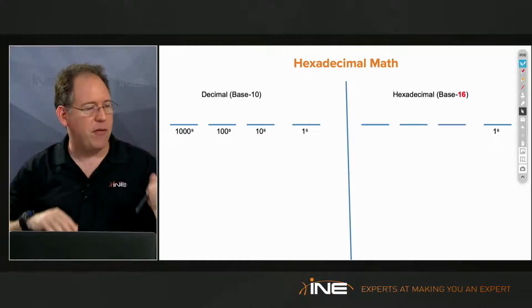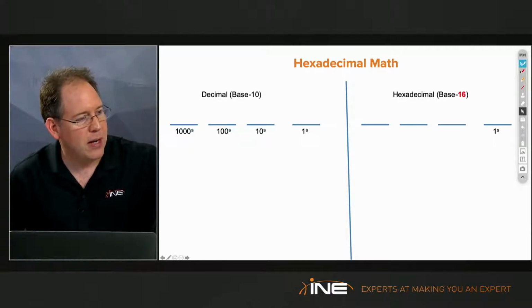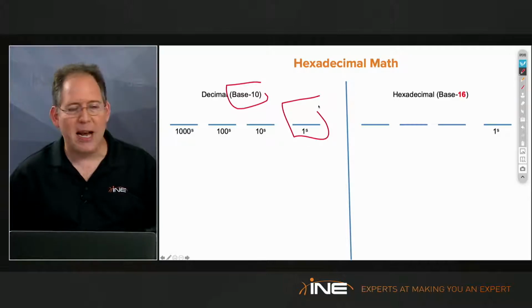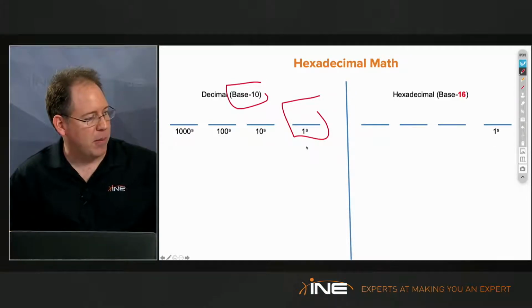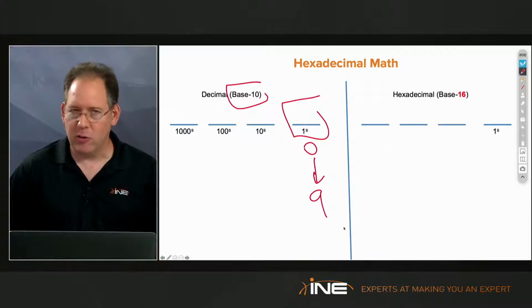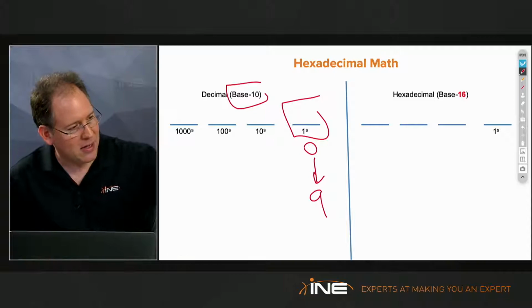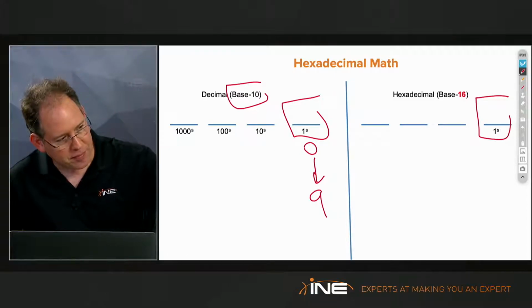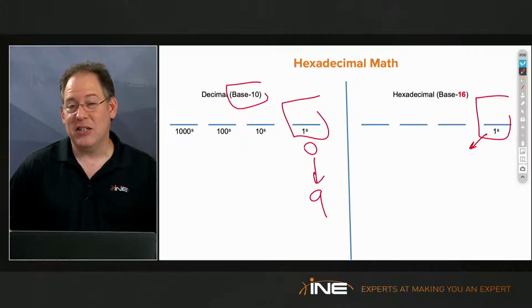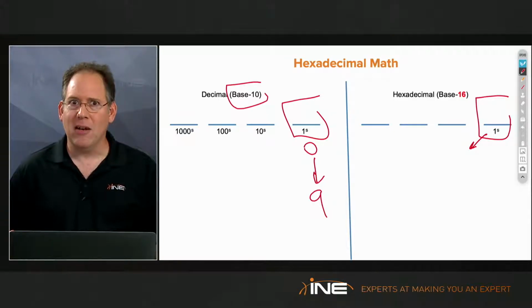Now let me hold off here before I do that. So in base 10, this spot right here, we had 10 digits we could choose from to put in that single spot. A 0 through a 9. Those were our 10 digits. So that means in base 16, in this spot right here, I have 16 digits I could choose from. What does that look like?